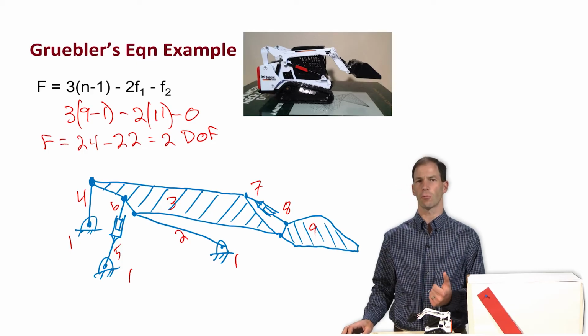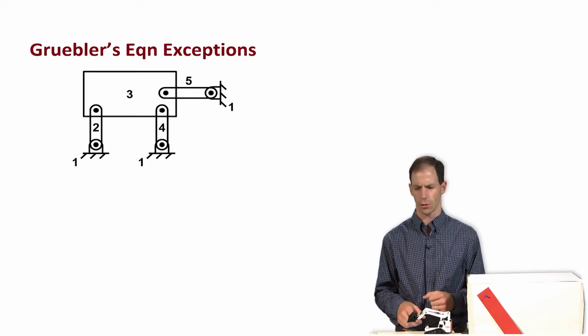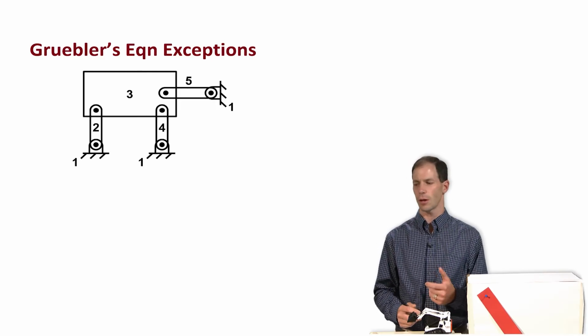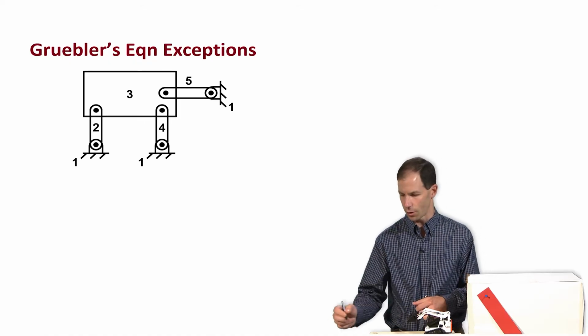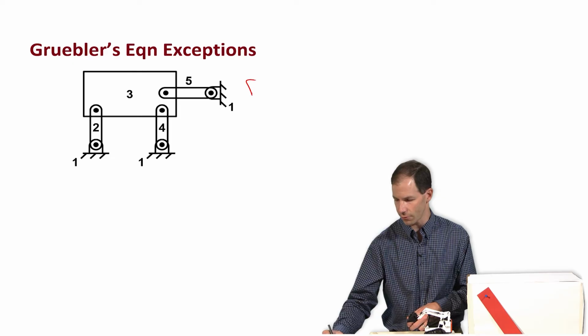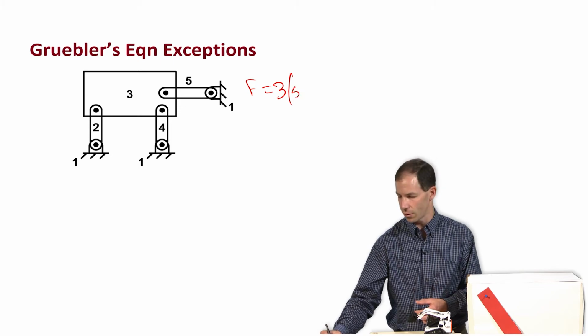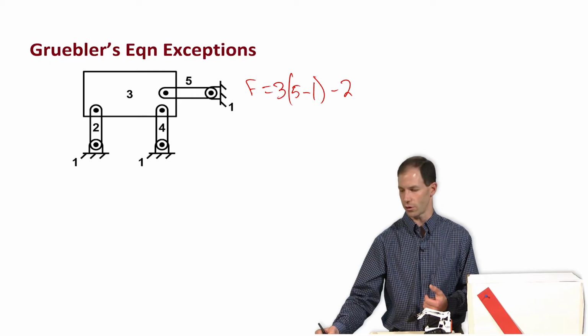Now, Grubler's equation works most of the time. There are a couple of exceptions, and I put exceptions in quotes because you'll see why in just a moment. Let me look at this mechanism right here, where I can ask, how many degrees of freedom should I have? F is equal to 3 times the number of links, and in this case, I've already got them numbered for you, 5. 5 minus 1, minus 2 times the number of full joints that I have.